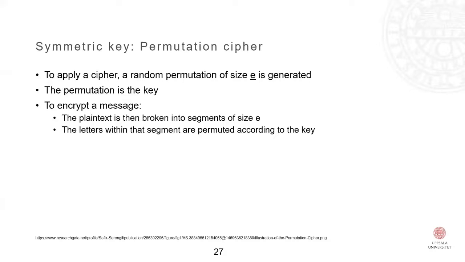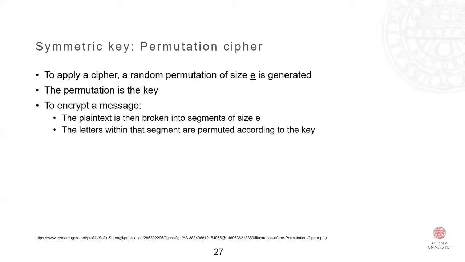Another technique in symmetric key cryptography is called permutation cipher. In permutation cipher, you divide the text into equal blocks, and your algorithm is to have a random permutation of size E, meaning that, for example, imagine E is equal to 4.